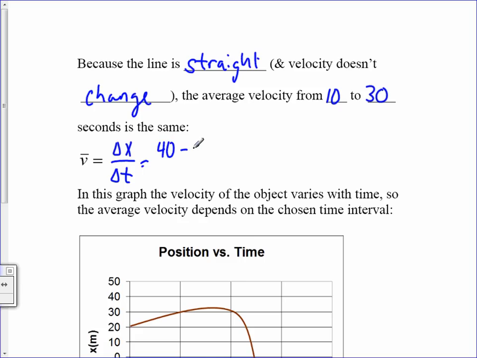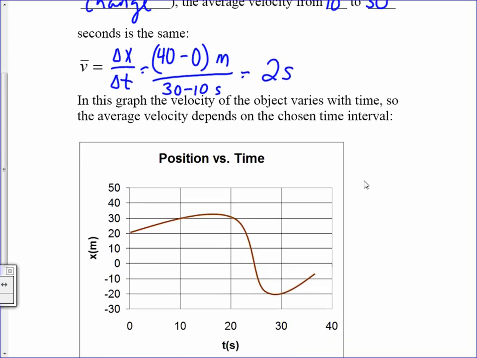Go back and look at that graph, and you'll see that at 10 and 30 seconds the positions are 0 and 40 meters, respectively. All over 30 minus 10. That's my time interval. And that's 40 over 20, which is 2 meters per second. So what I've done here is I've just calculated the slope using different points. But because it's a straight line, the velocity doesn't change. The average velocity doesn't change.